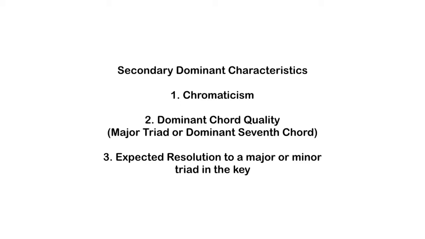That is, it is a chord that has the sound of either a major triad or a dominant seventh chord. Third, it has an expected resolution to a triad that is either major or minor in the key. So when we create a secondary dominant chord, we're creating a chord that's acting as a dominant to one of the diatonic chords in the key.